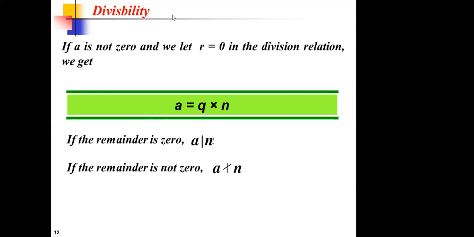And if the remainder is not 0, then n does not divide a.